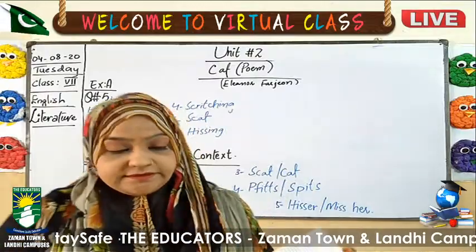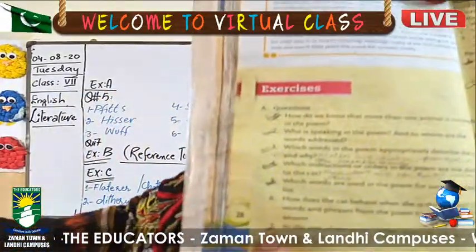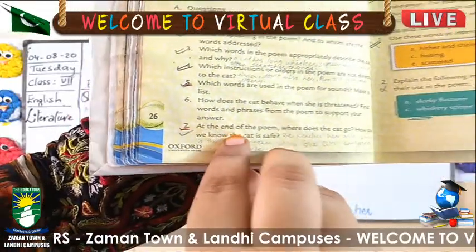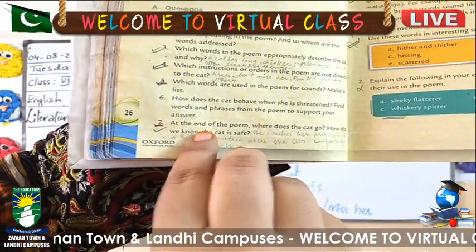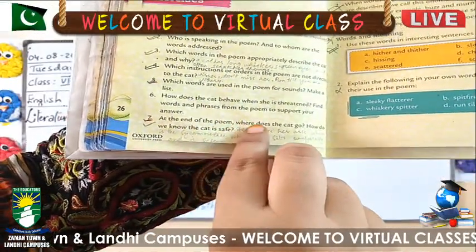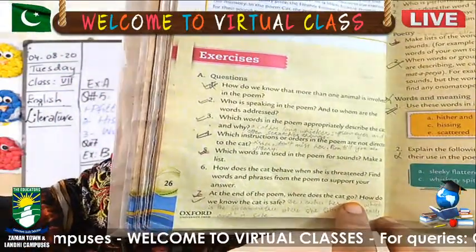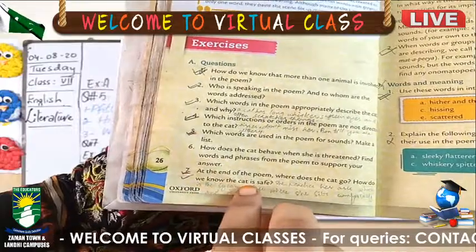Then in the same exercise, we have to attempt question number 7. At the end of the poem, where does the cat go? How do we know the cat is safe?